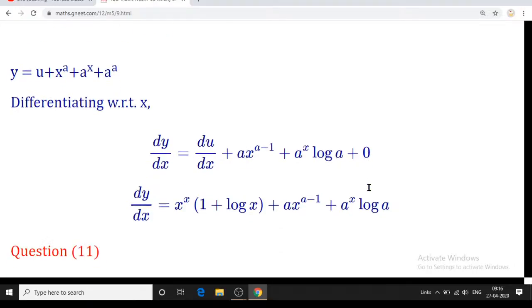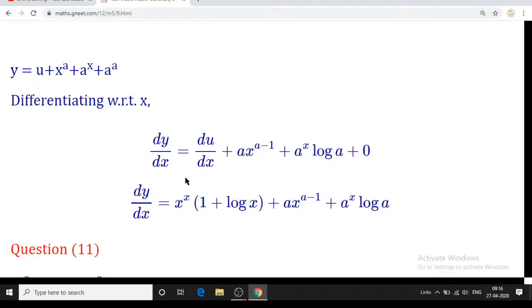Now just replace the value of du by dx and we will get the derivative, that is dy by dx. That completes question number 10.